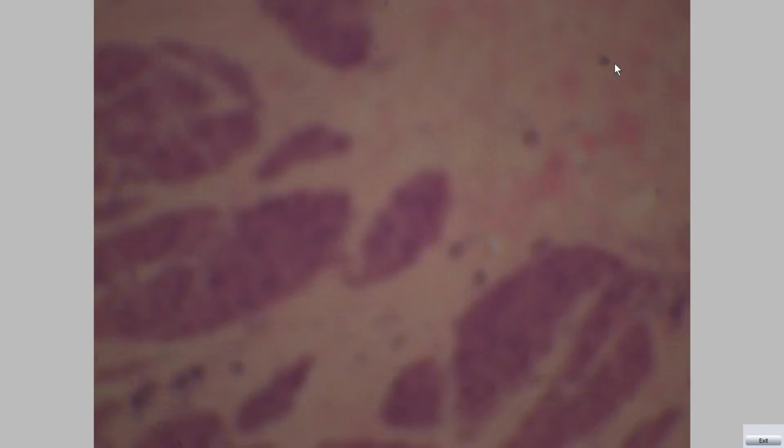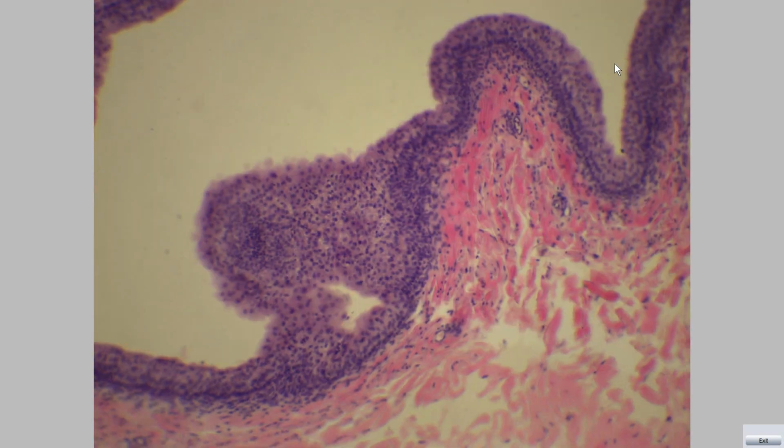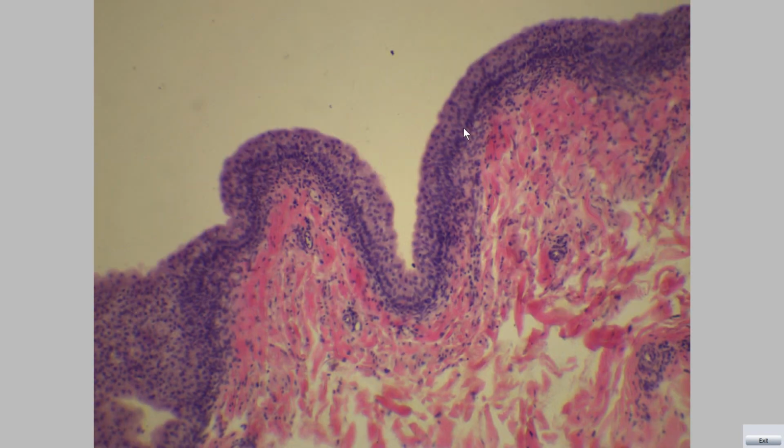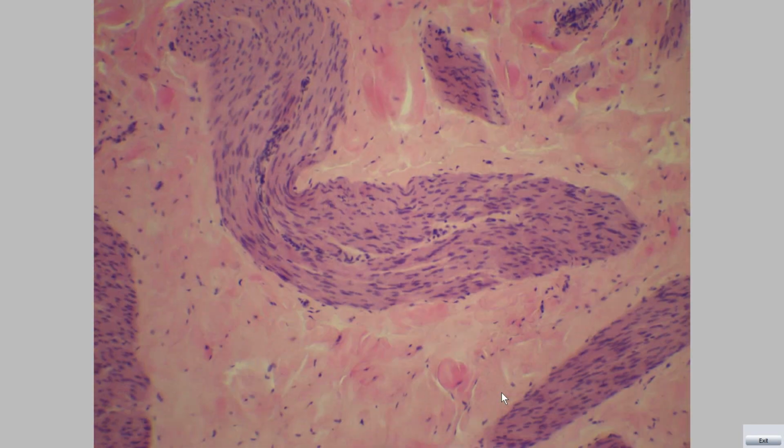Last slide is a section in the urinary bladder. The lining epithelium of the urinary bladder is also transitional epithelium. Highly vascularized lamina propria, submucosa, and muscularis layer consisting of 3 sublayers forming the detrusor muscle.